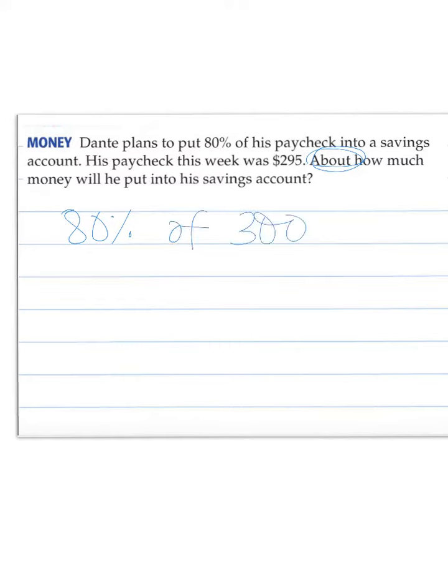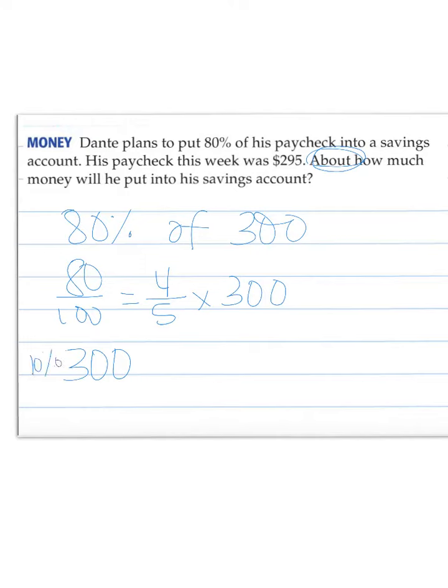So again, two methods. You could multiply 80 out of 100, which would reduce down to 4/5. You could take 4/5 times 300. But what I'm going to do is find 10% of 300. 10% of it, move the decimal over one spot, is 30.